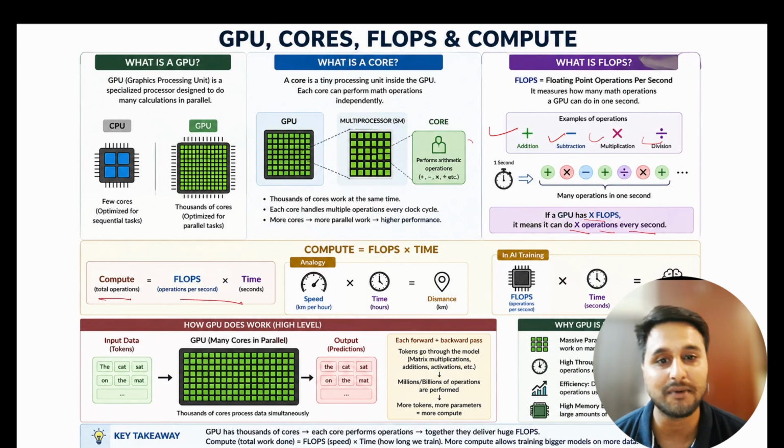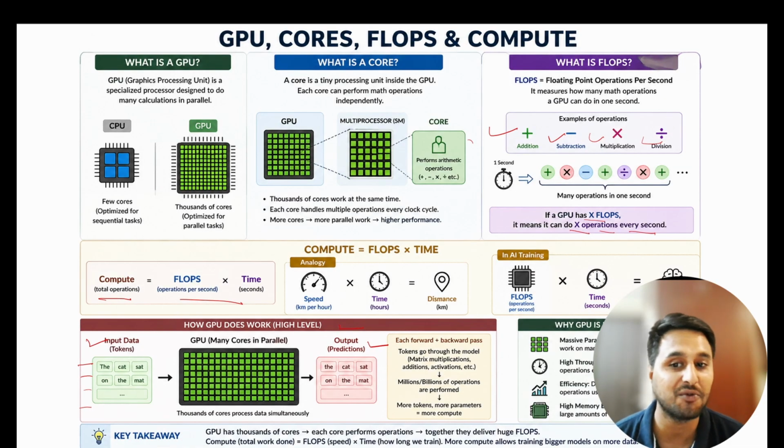So we understand what compute is: flops per second. And how does a GPU work at a high level? We saw in the transformer architecture that we give a large amount of input data tokens, and every token is processed in parallel, and output predictions also happen in parallel.